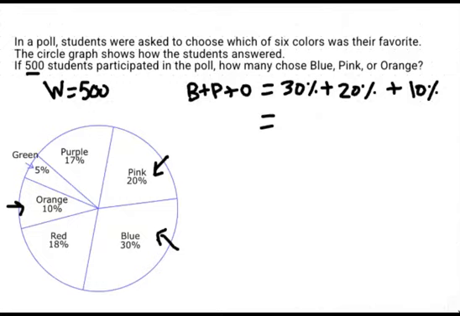That's looking like 30 plus 20 is 50, plus 10 is 60%. 60% of our students are choosing blue, pink, or orange. All right, so the question is, if 500 students participated, what's 60% of 500?